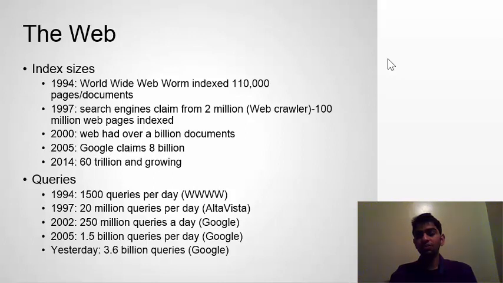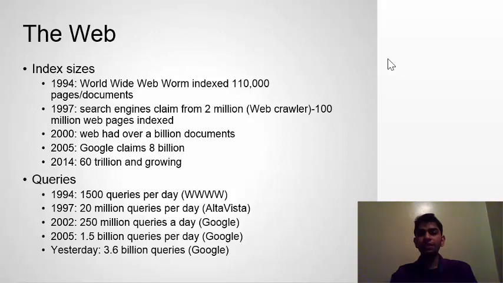Search basically starts with the web. Web is a huge collection of indexed web pages, documents, etc. World Wide Web Worm, one of the first search engines in 1994, claimed to have over 110,000 web pages indexed.